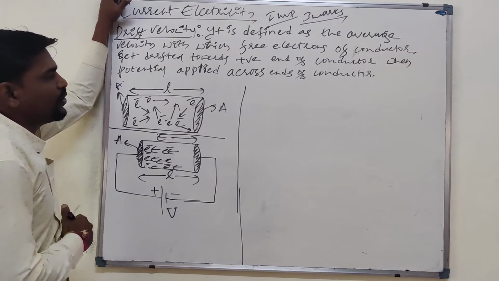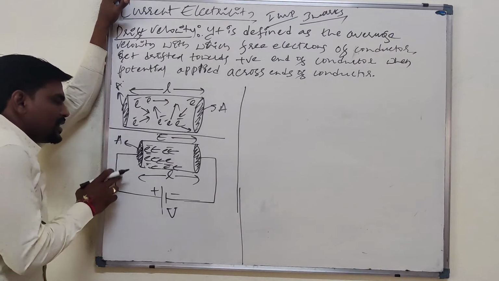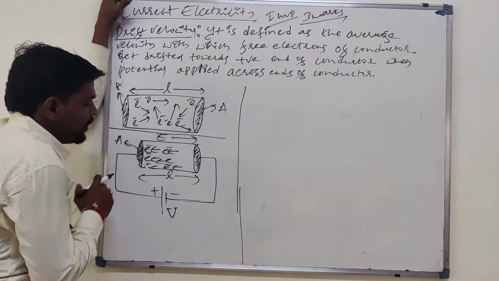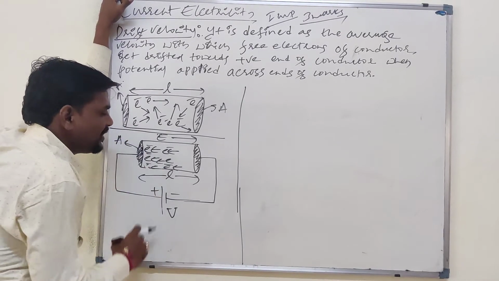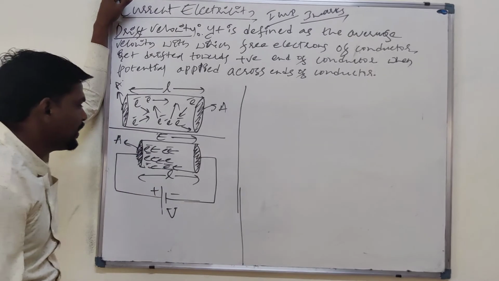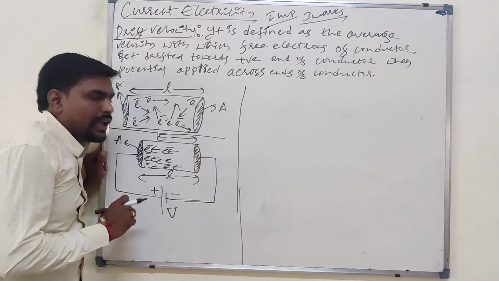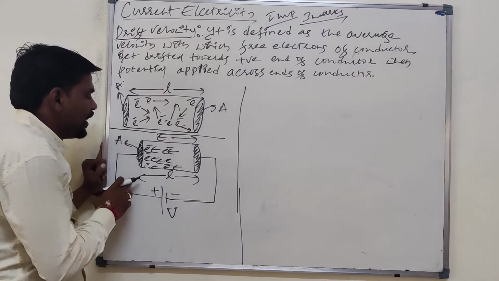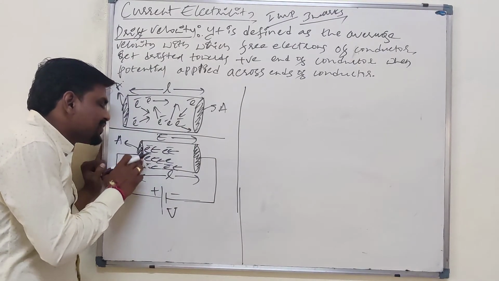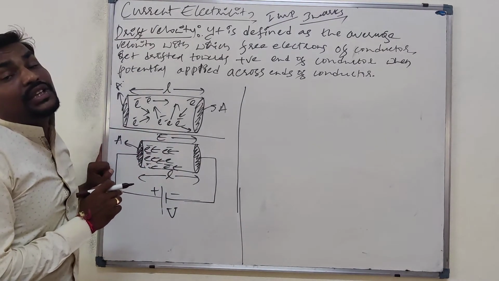Right. Now I am going to write: see, if we consider a conductor with length L and cross-sectional area A, and here all these free electrons have initial velocities.